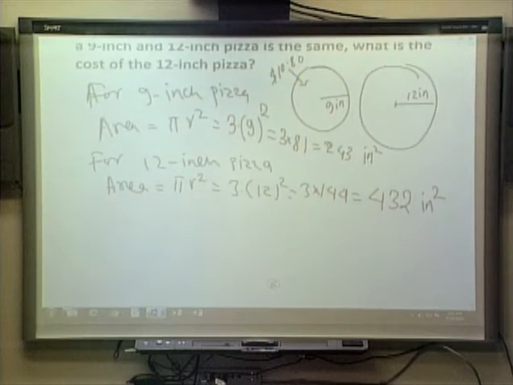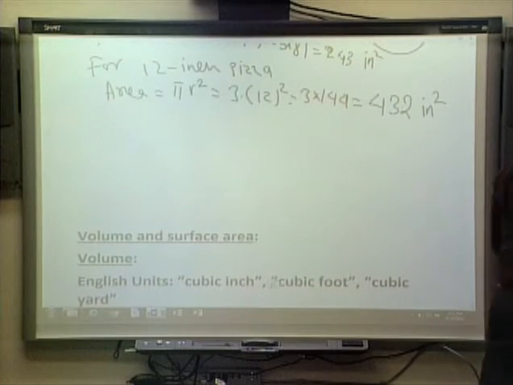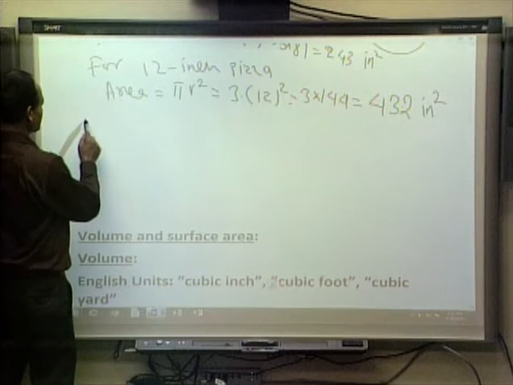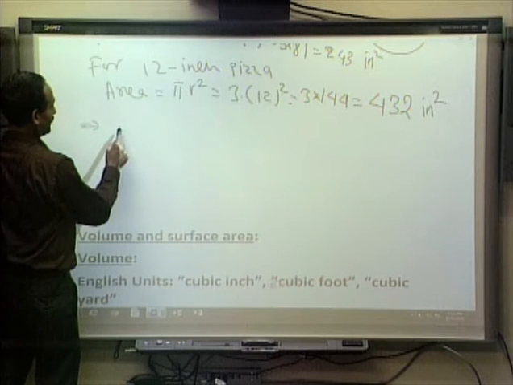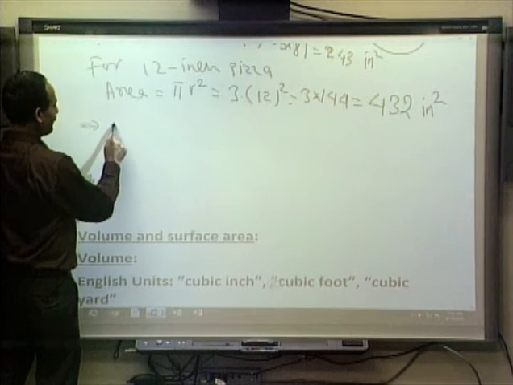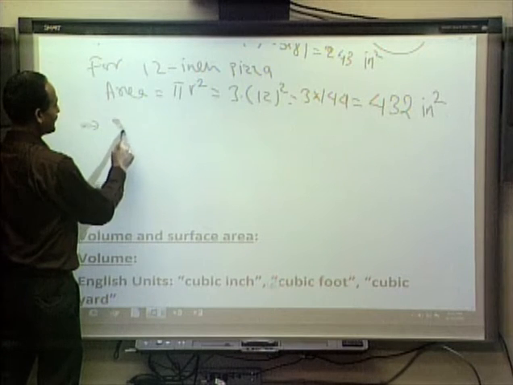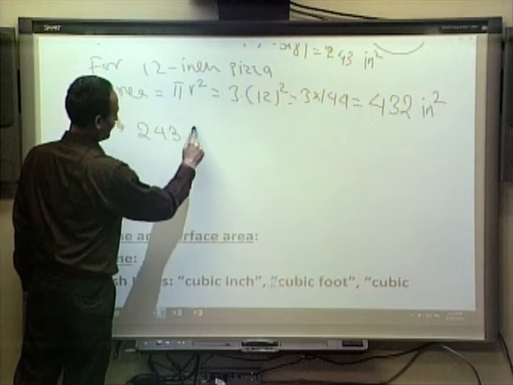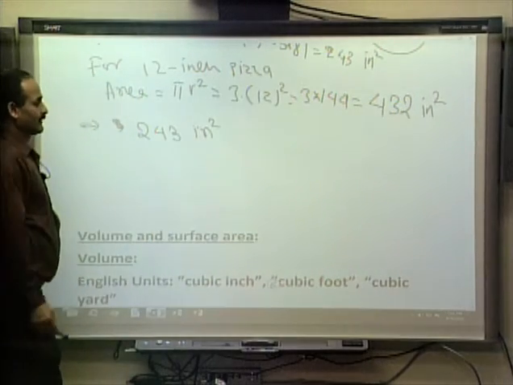So, let us see. As we did the calculation, the 9-inch pizza has the area 243 square inch.